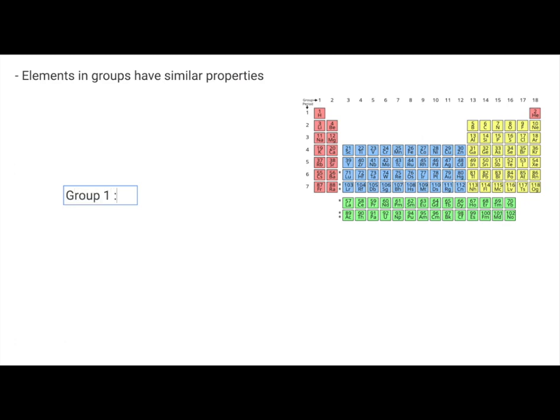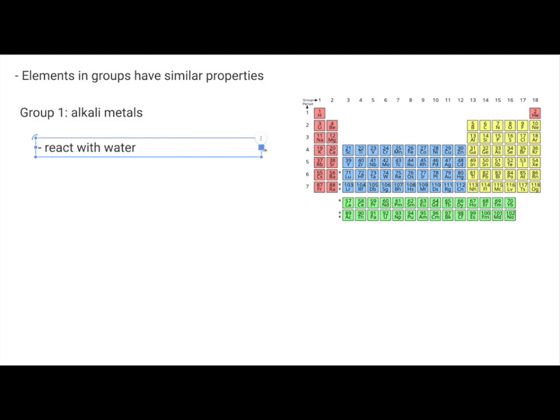In group 1, we have the alkali metals. These metals generally react with water, can form salts, and they generally conduct heat and electricity well.